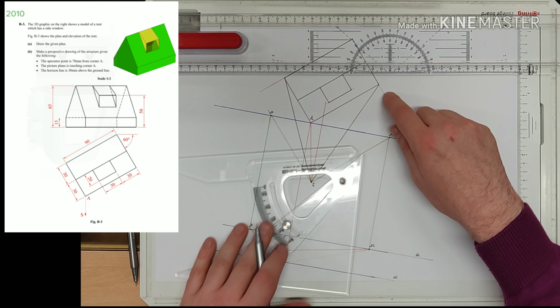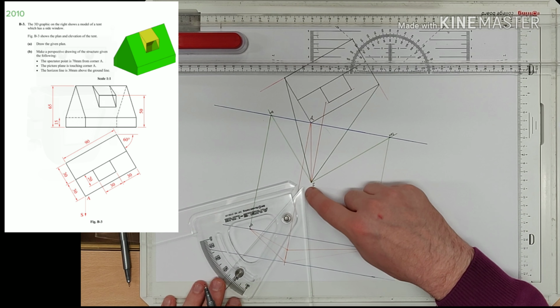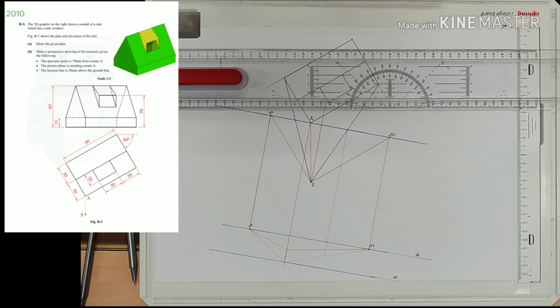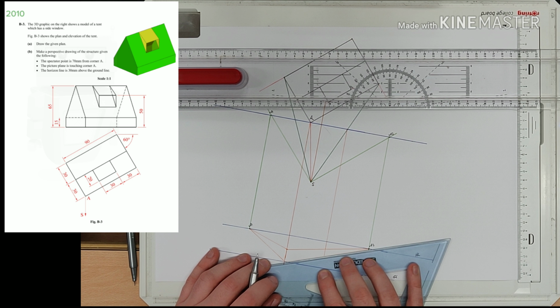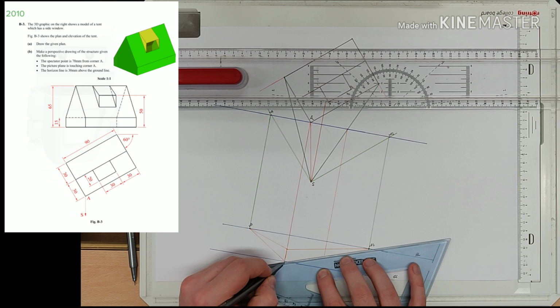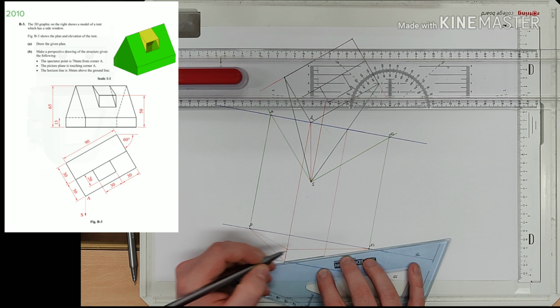You can see where this point here joins the spectator, where it cuts the picture plane is the point that we project down. Okay, so now that's the front face of the house, and I'm going to darken him in to help me better picture the image or the question as I go along.